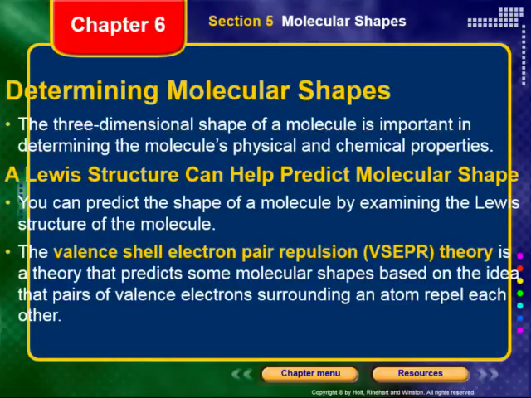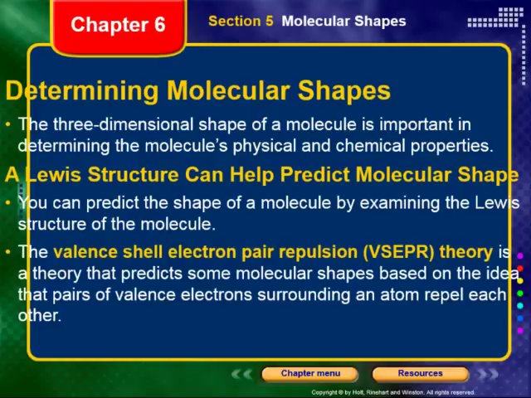We use VSEPR theory to predict those shapes. Now, you can use a Lewis structure to help predict that molecular shape, even though the Lewis structure is two-dimensional. We're going to predict three-dimensional shapes using a two-dimensional Lewis structure. And we do that using VSEPR theory. Now, VSEPR is an acronym that stands for Valence Shell Electron Pair Repulsion.